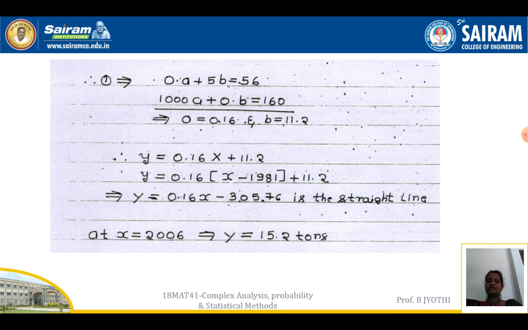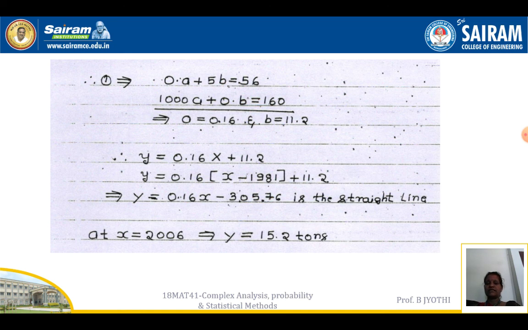But X is not the real one that we require. X is to be replaced by x minus 1981. So we get y as 0.16 into x minus 1981 plus 11.2. This is the straight line.